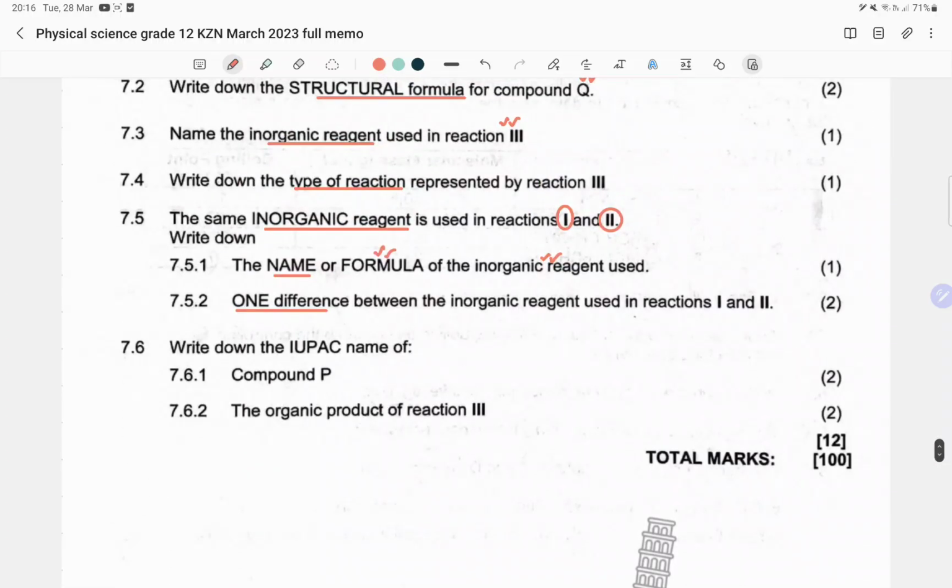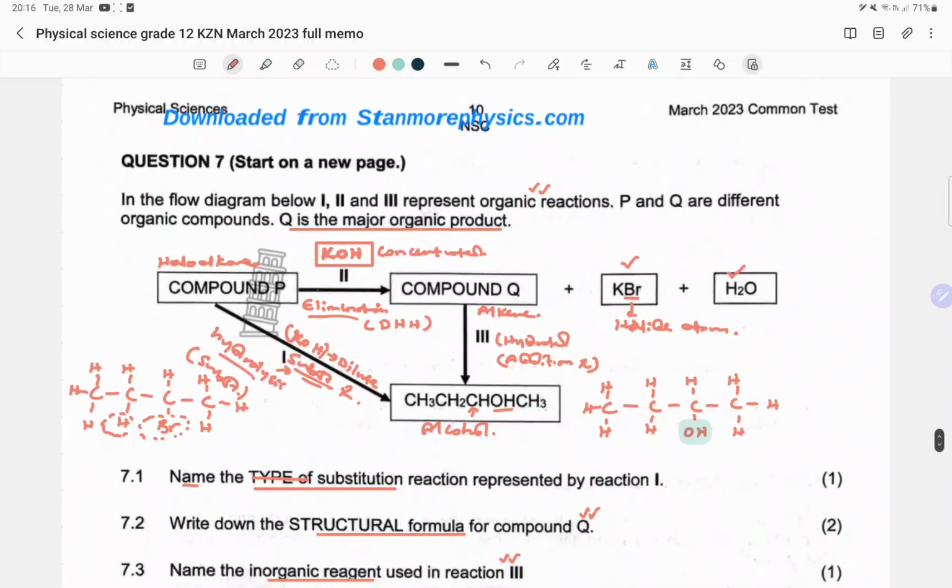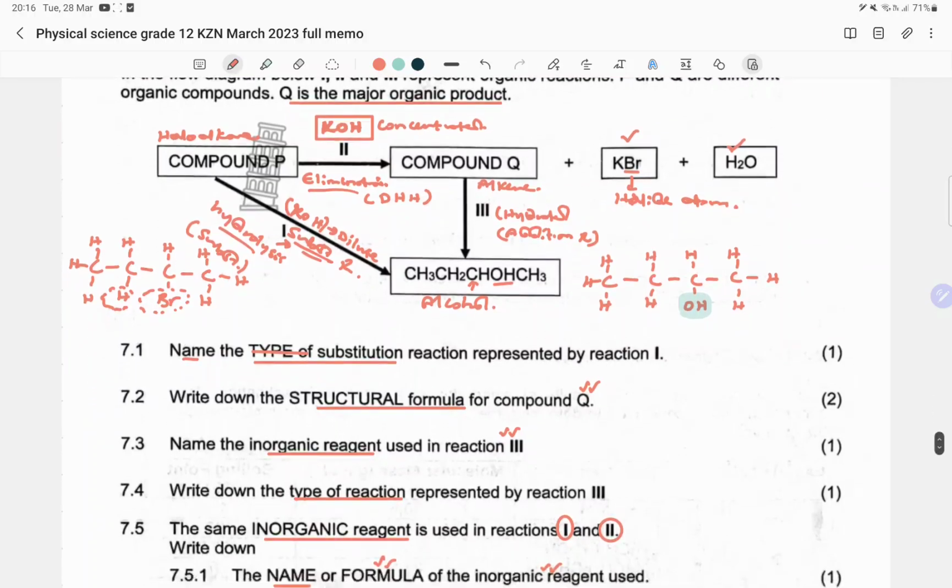Great. Now let's look at, write down the IUPAC name of compound P. Yes, now there you are. So you see our bromide atom is on the carbon 2. We always prioritize the so-called functional group. Now I have a problem, guys, with the way your books teach you haloalkanes. They say you regard this as just an atom and not the functional group, and therefore you take it as a substituent, which is ridiculous.